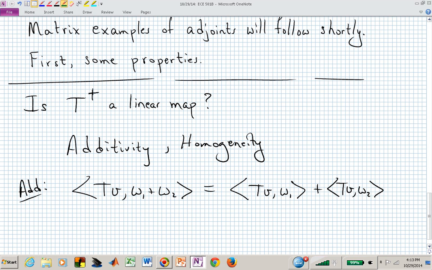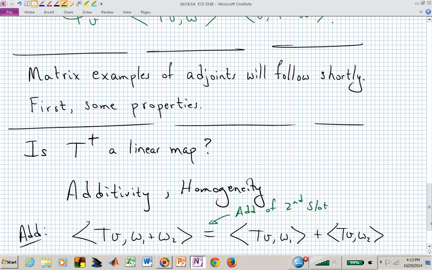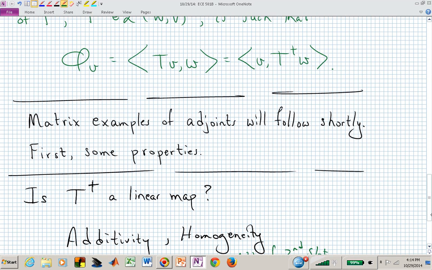That was the additivity of the second slot to produce that equality. But now let's go back and replace, since we know that <TV, W> by definition has to be <V, T dagger W>.